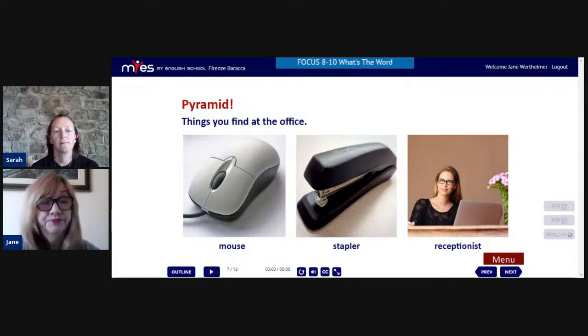We just talked about this little small animal, and it's a small animal that lives in the house, but we also use it to talk about an object that helps you move around your computer screen. Aha, mouse. Yes. It must be mouse.